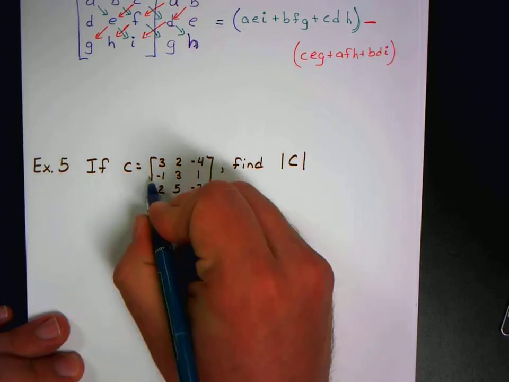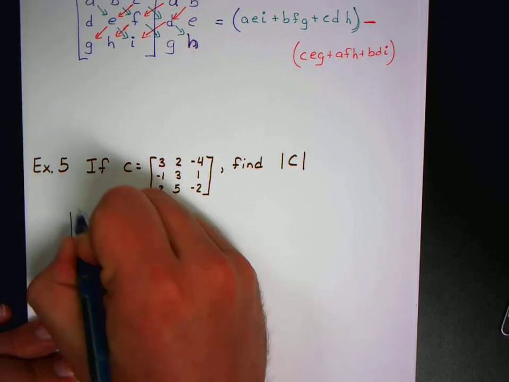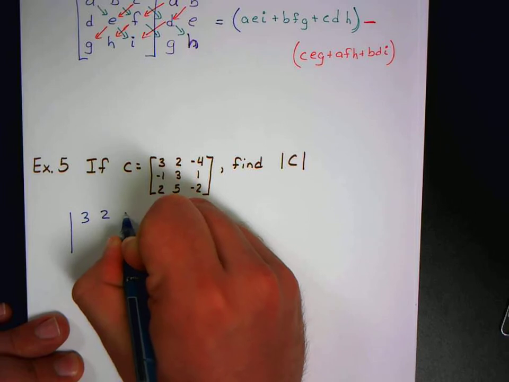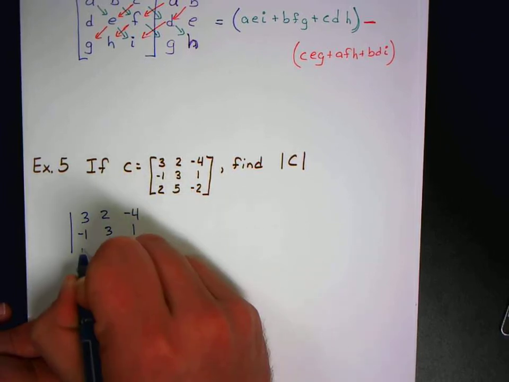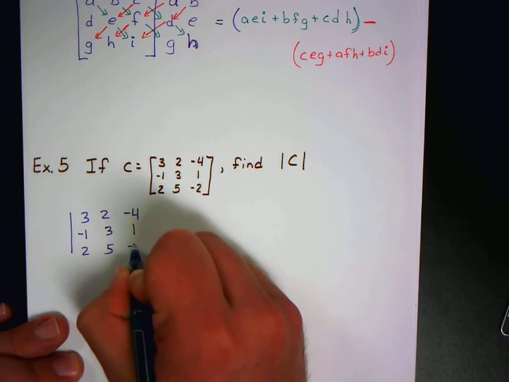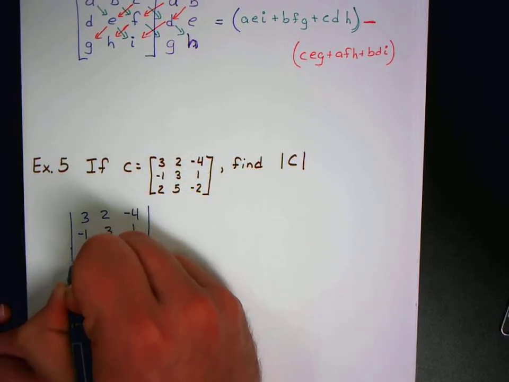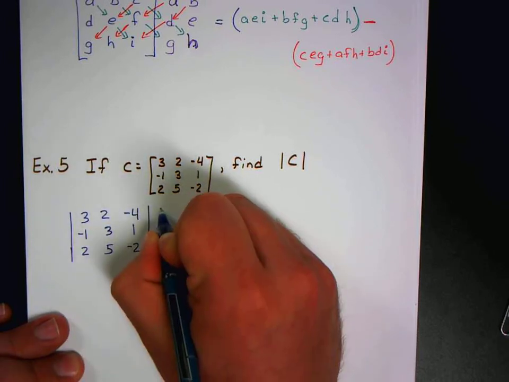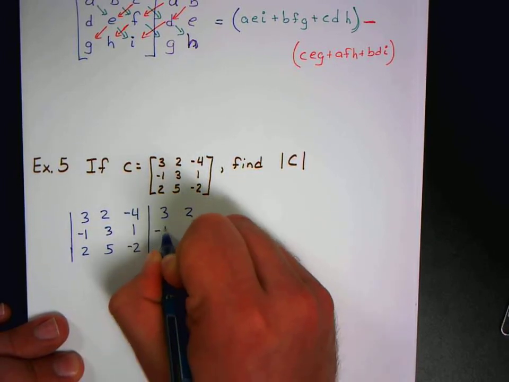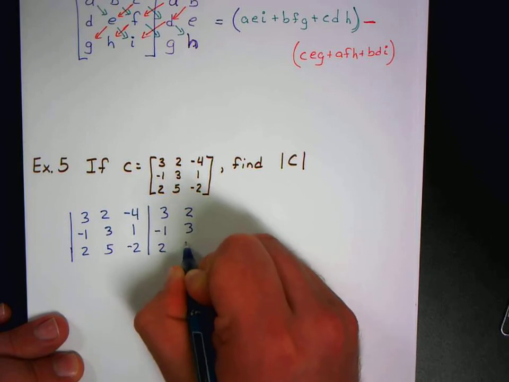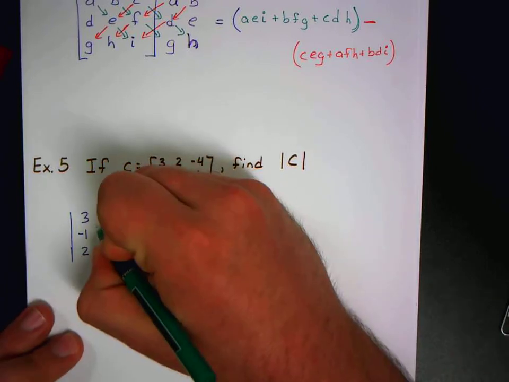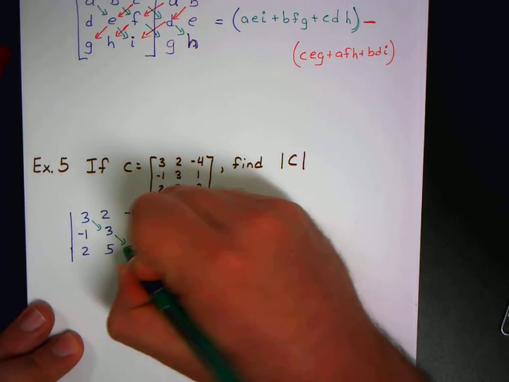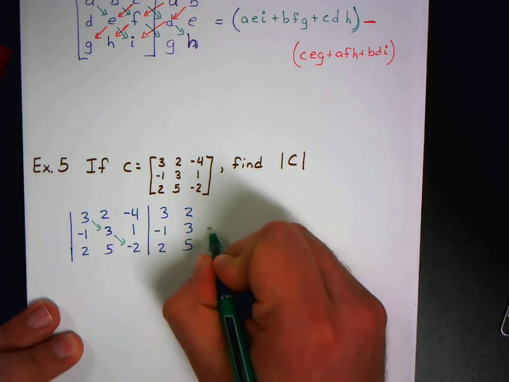So with doing this one, write down 3, 2, -4, -1, 3, 1, 2, 5, -2, and then on the outside you copy down the first two columns. So 3, 2, -1, 3, 2, and 5 again. Okay, then starting with the first number, you do multiplications down in this direction.